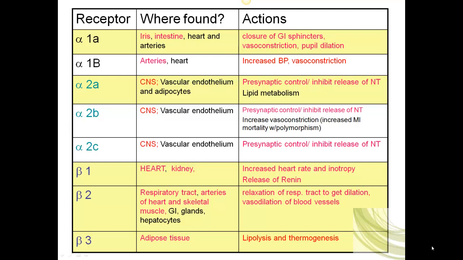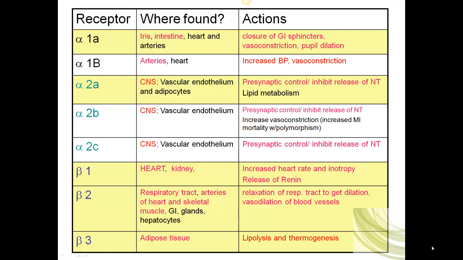When alpha 1 receptors bind noradrenaline or adrenaline, we would expect to see pupillary dilation, we would see decreased gut motility, we would see vasoconstriction, and the vasoconstriction would lead to an elevated blood pressure.